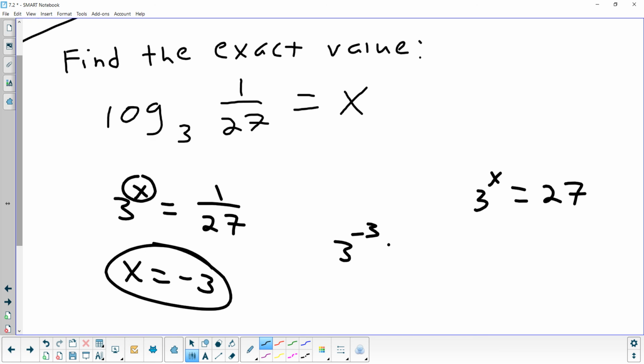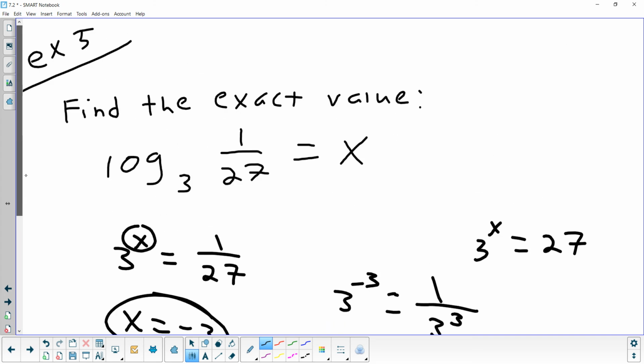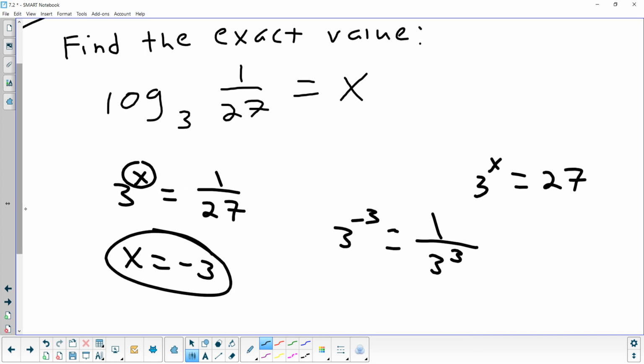So this really means that. And 3 times 3 times 3 is 27, and that's exactly what we wanted. Right, so if you see a fraction, then the exponent is going to have to be a negative. But if you can't figure out the number it should be, think about it like it's not a fraction. Say, okay, if it wasn't a fraction, it would be 3. But it is a fraction, so it's negative. Okay, any question on that one?